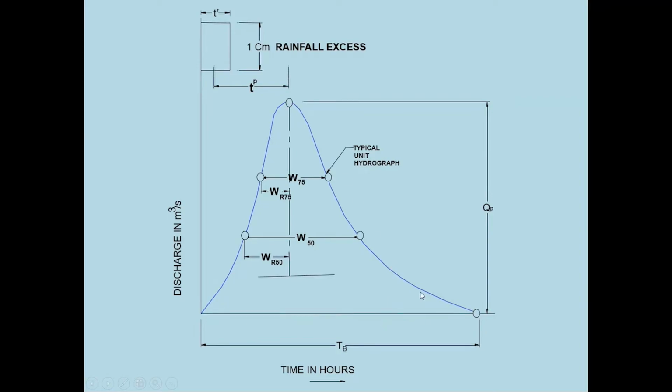The shape is fixed. For this unit hydrograph, if this TR is 1 hour and the rainfall is 1 centimeter, then this QP and this TB are fixed. If instead of 1 centimeter it becomes 2 centimeter, then every ordinate will get double, but the time period TB will not get double.